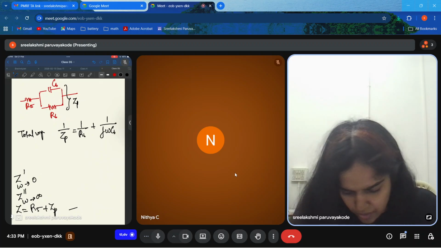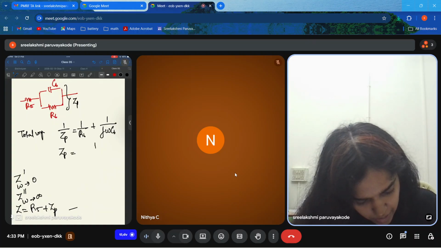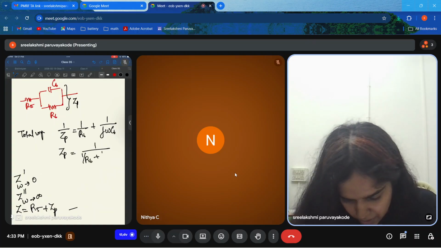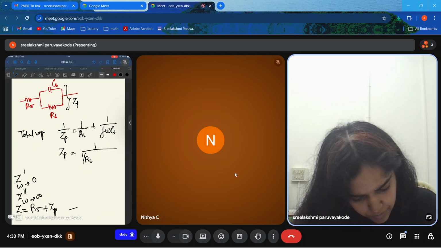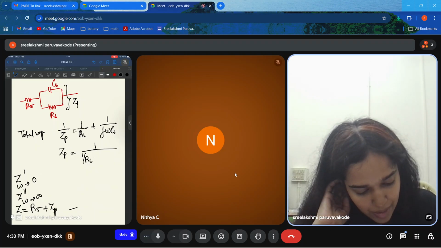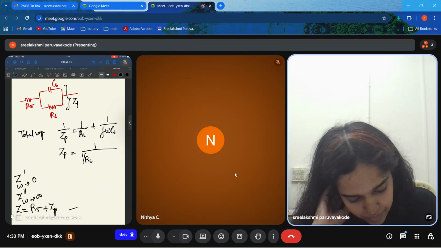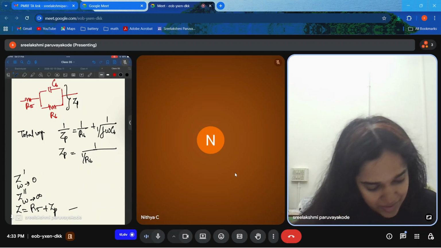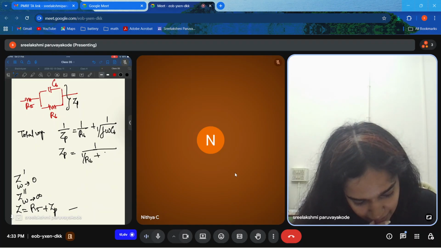So here, 1 by ZP is 1 by R6 plus 1 by... sorry. Okay, so here is where I made the mistake. So Z parallel is 1 by R6 plus 1 by j omega C6, right? So here I made the mistake.